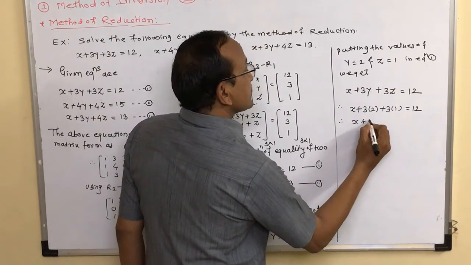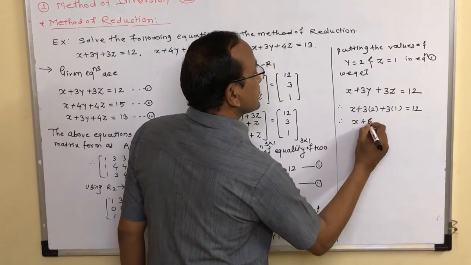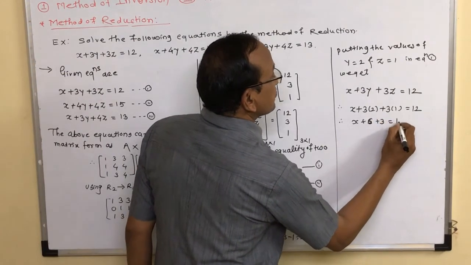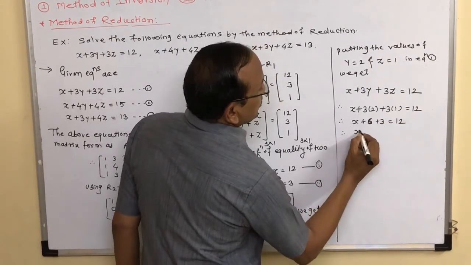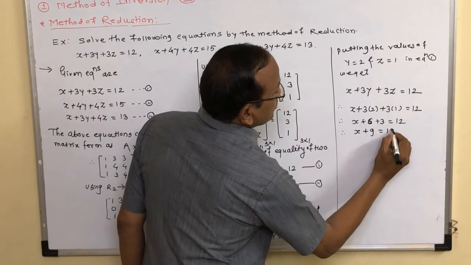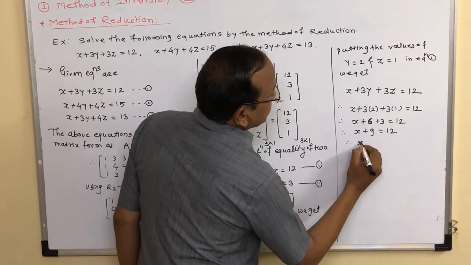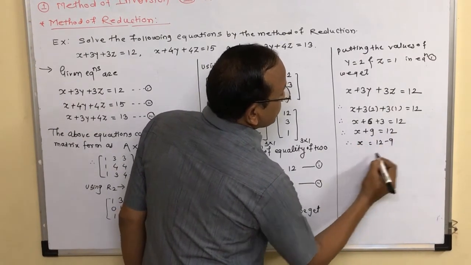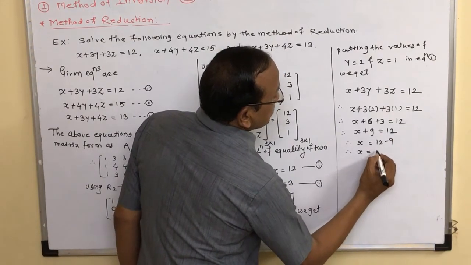So x plus 6 plus 3 is 12, x plus 9 is 12, means x is 12 minus 9. So x is equal to 3.